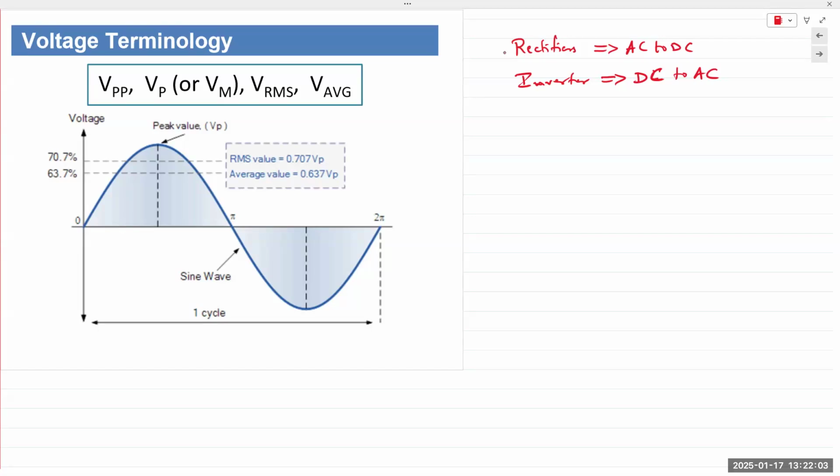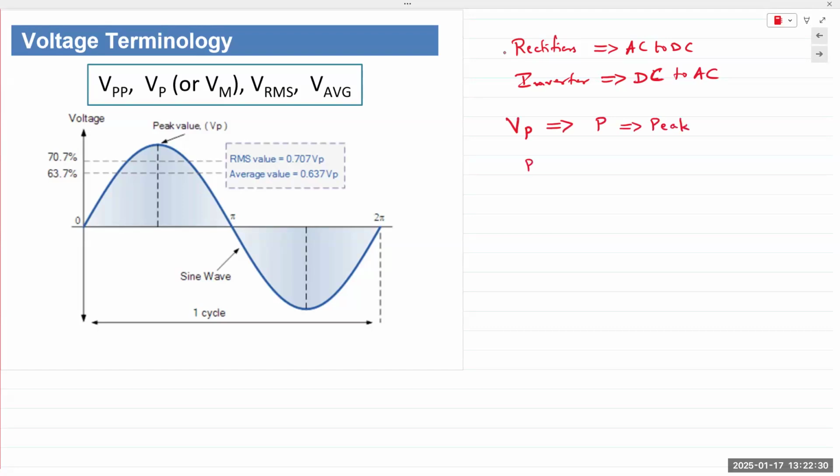All right, before we do that, just want to do a brief recap on all the terms. For an AC waveform, what does VP stand for? What does the P stand for? Okay, simply peak. So that P stands for peak.